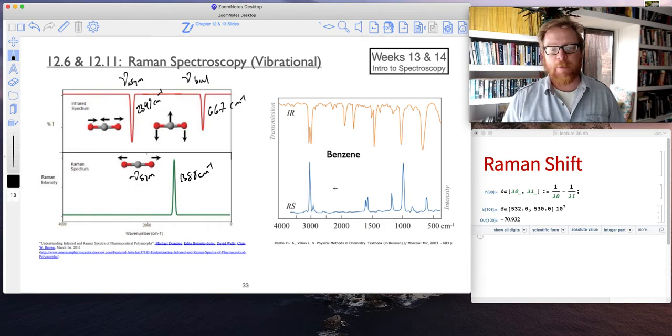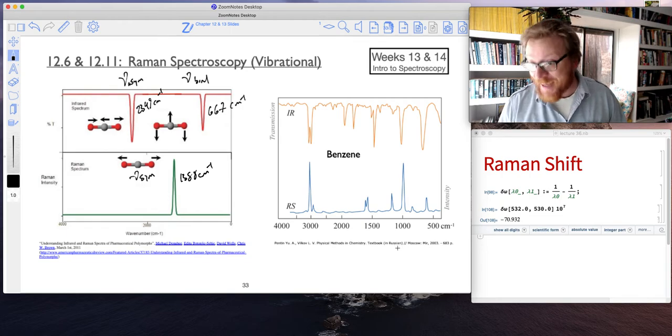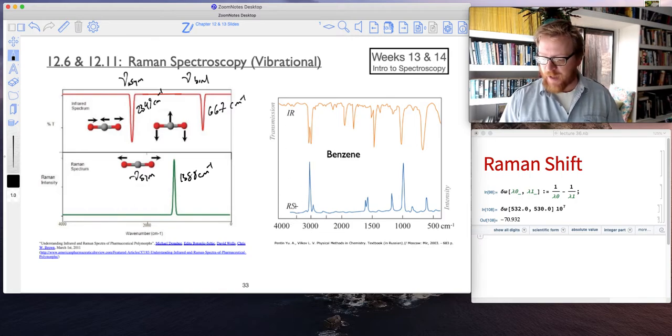Here's another great example of the Raman shift for benzene versus the FTIR. You can see that there are some peaks that match up and some peaks that don't. So some of these peaks are Raman active, some of them are IR active. So these serve as great diagnostics when you can do both Raman and IR.